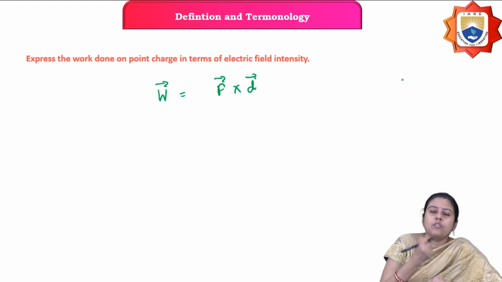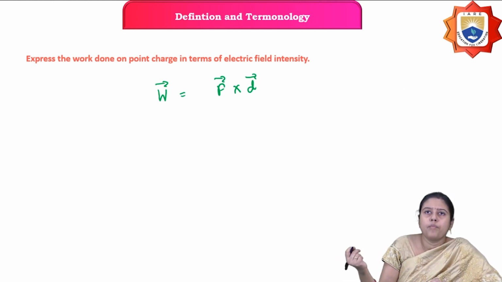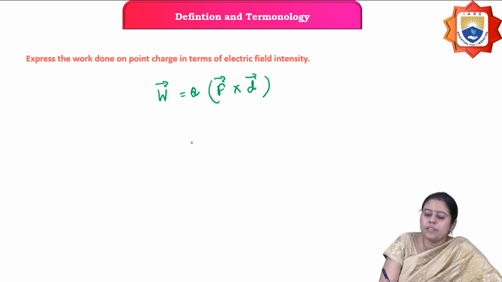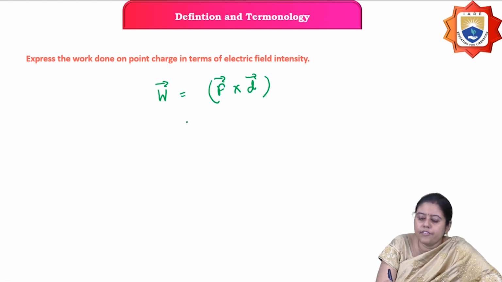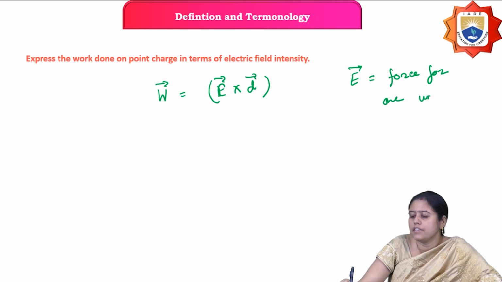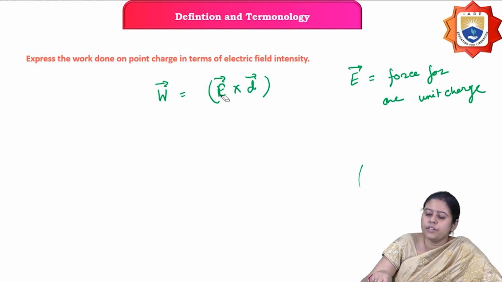To move one unit positive charge from one point to another point. If we know the electric field intensity, then to move one charge it is E. What is E? E is the force for one unit charge.